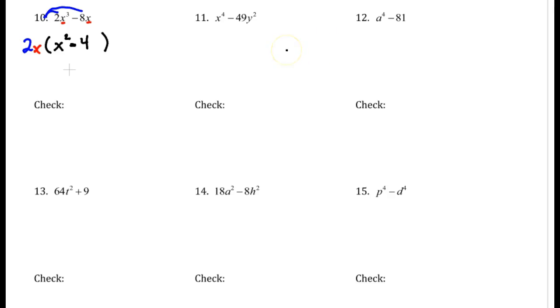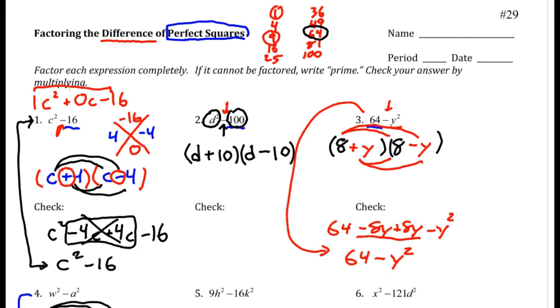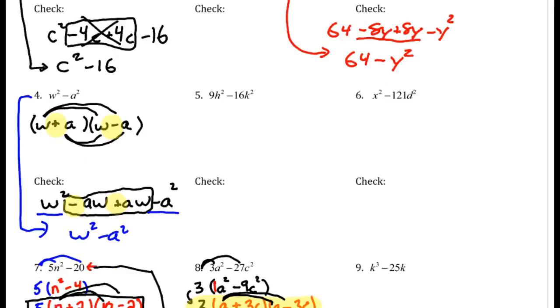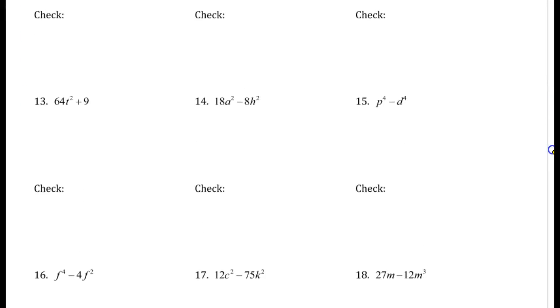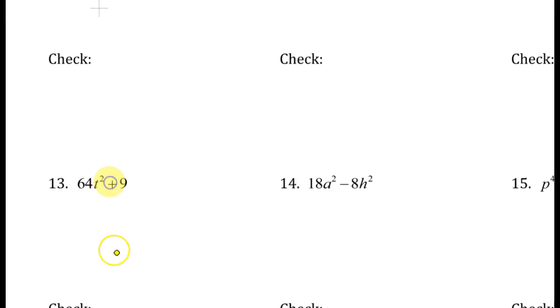All these problems have in common something, well, several things, but one thing sticks out pretty fast that, well, all the other problems have this, but this problem does not. Can you tell what it is? Maybe go back to the title of what we're doing. Difference of perfect squares. 13. Yeah, look at 13. What's different about 13? Yeah, it's not a difference.